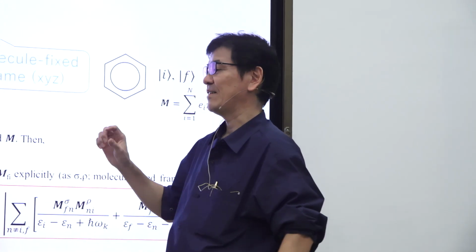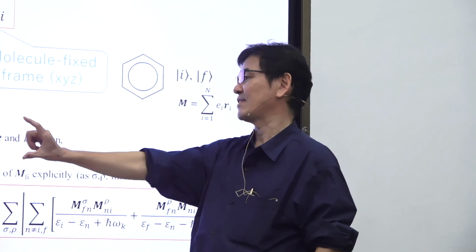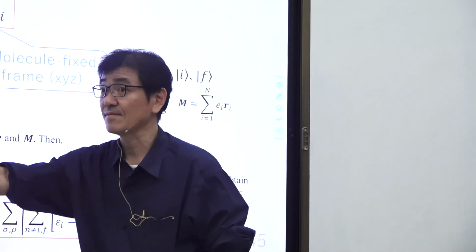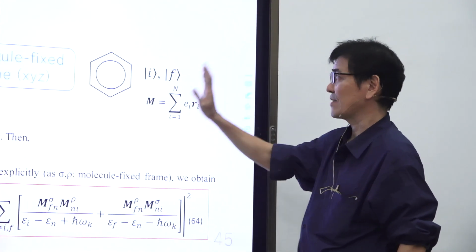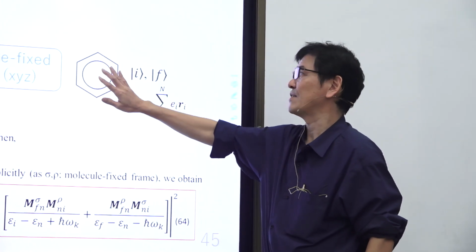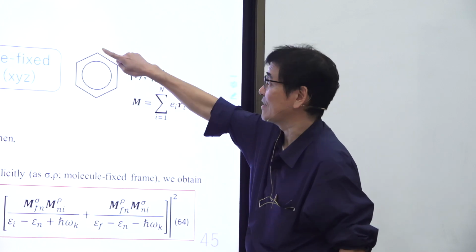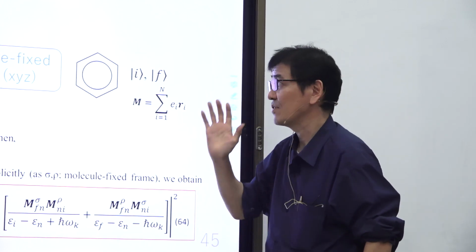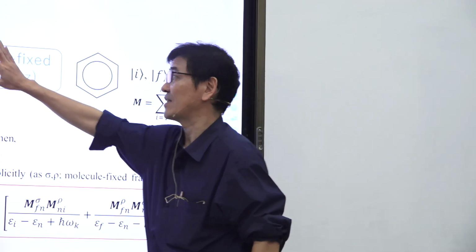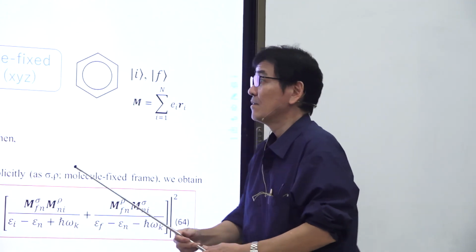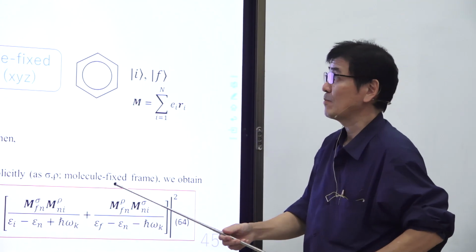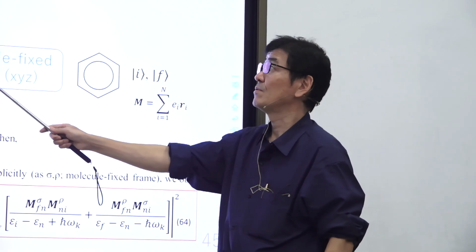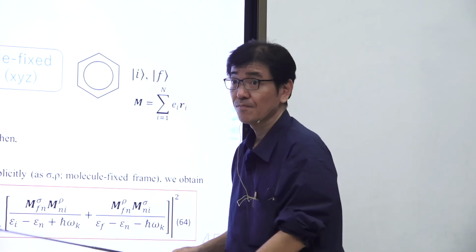We call this x-axis, y-axis, z-axis. On the other hand, the molecule is defined in the molecular frame. We define this as the xy plane and the normal is z. There is no relationship between small xyz and large XYZ. But somehow we need to obtain the inner product.